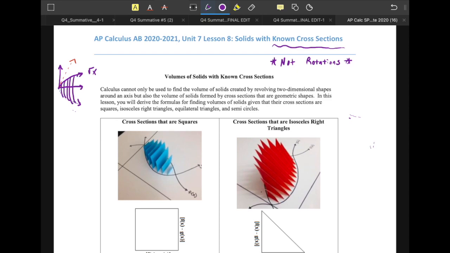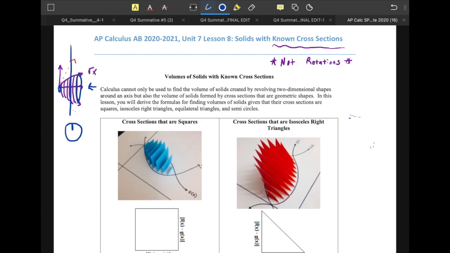And so we found these volumes by imagining that you slice straight through this thing and then you look into it, and what would you be seeing? If you look into a cup and you've cut into it, you would always be seeing a circle. Larger circles towards the end, smaller circles towards the beginning, but circles nonetheless.